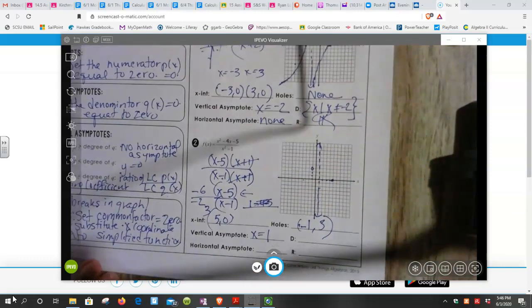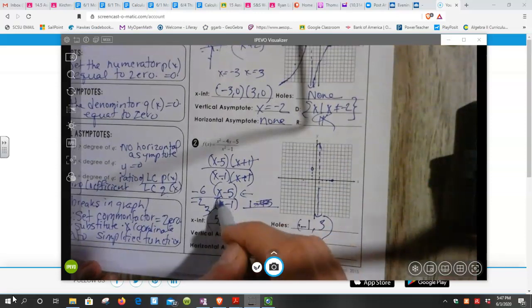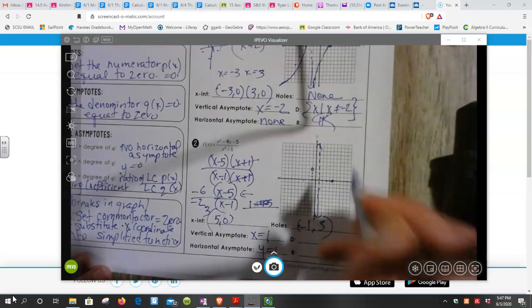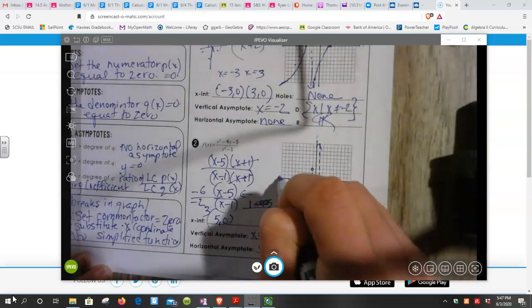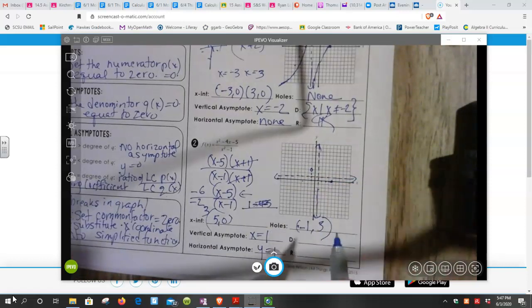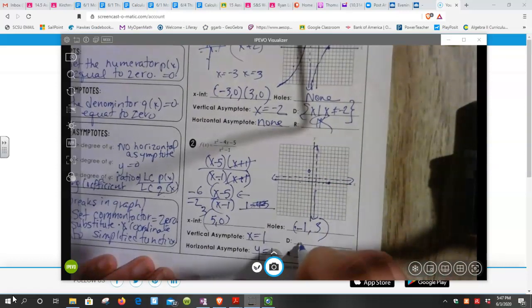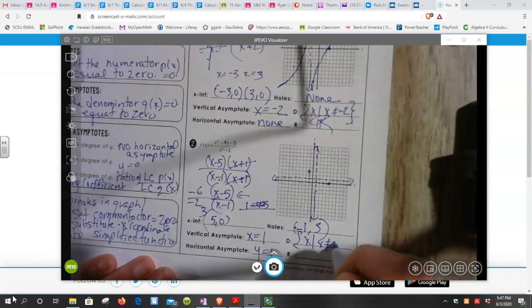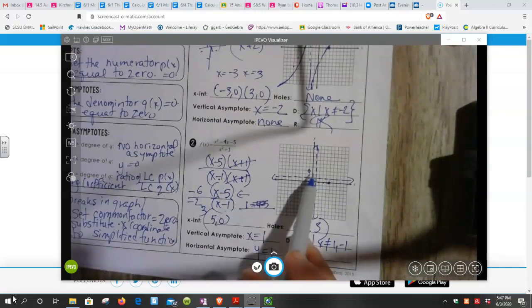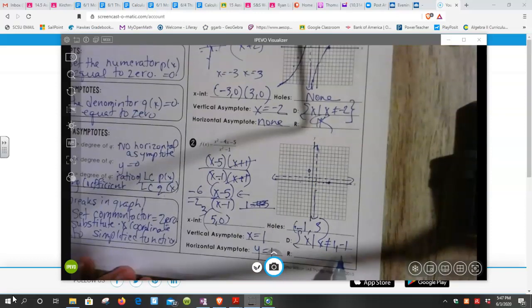And then the horizontal asymptote, since we have equal degrees, it's going to be y equals 1. All right, let me plug in some points. So our domain is going to be all x such that x does not equal 1 or negative 1. It can't be negative 1 because of the hole, and it can't be 1 because of the asymptote.